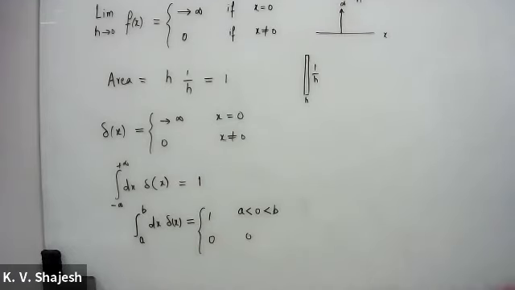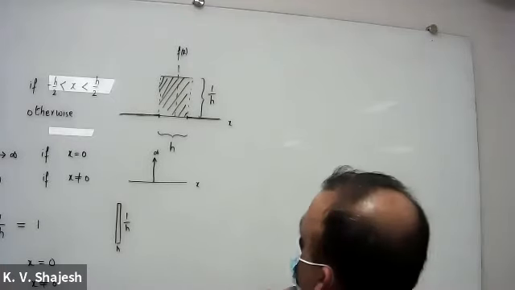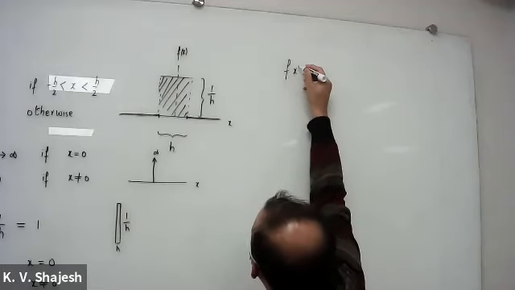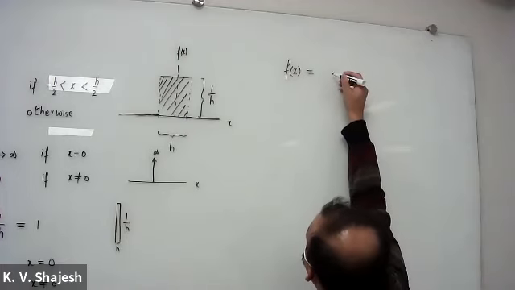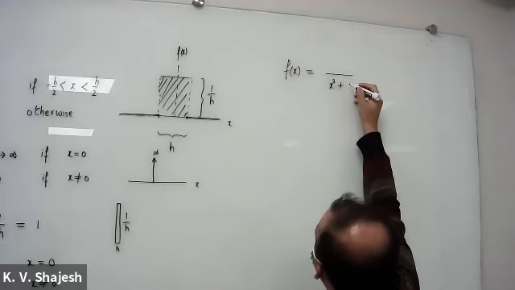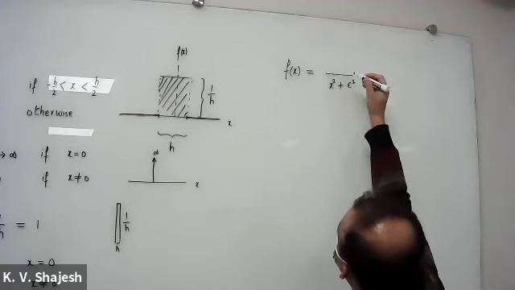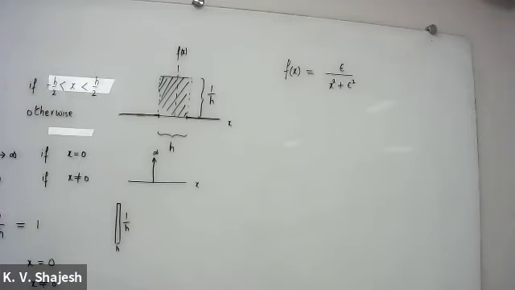A more continuous function that can do the same job is, let's do another example. Let's say f of x this time is equal to epsilon over x square plus epsilon square, with epsilon on top, where epsilon is a constant.